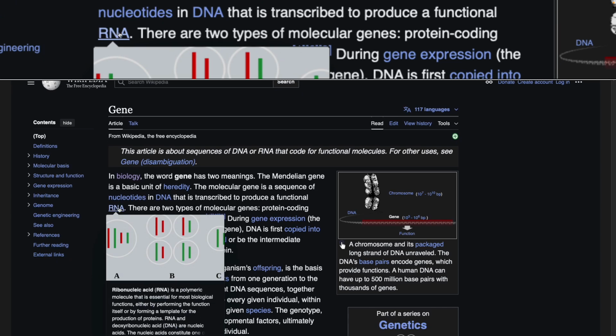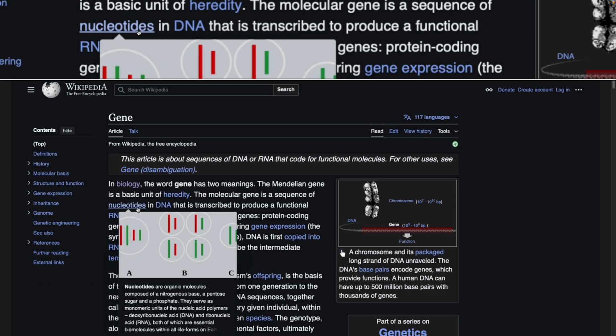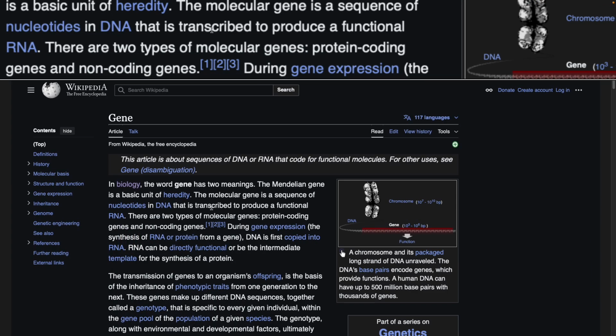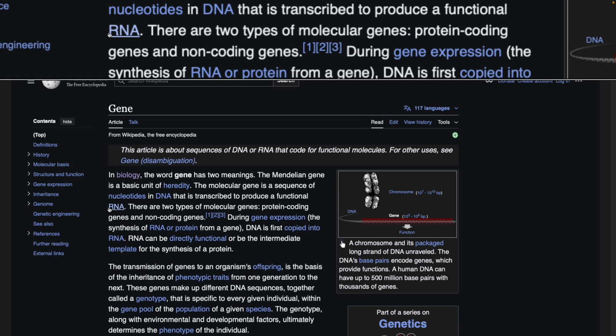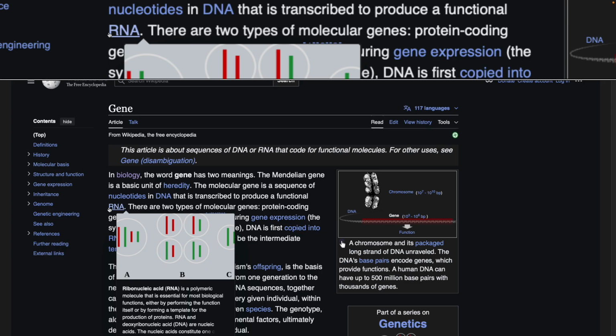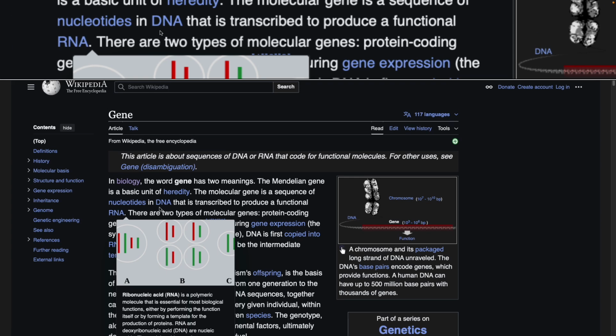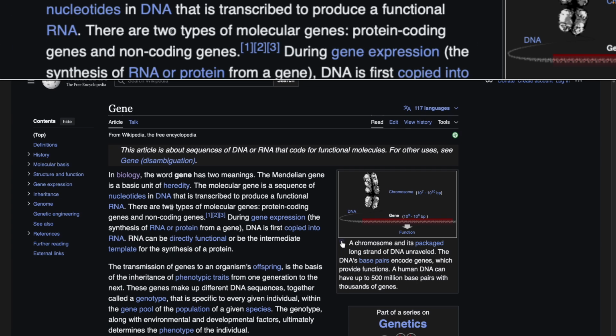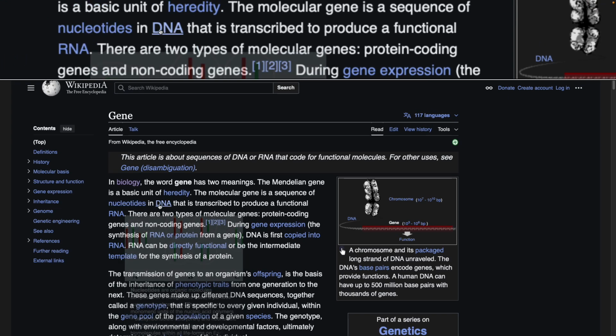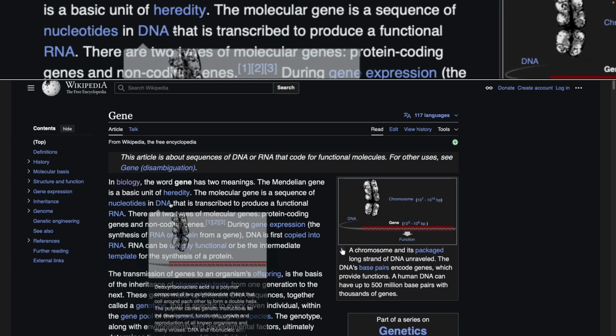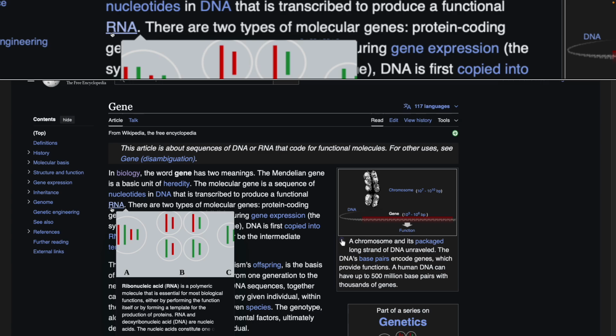So we have a sequence of nucleotides in DNA that is transcribed to produce a functional RNA. We'll hopefully get into those. So what is a nucleotide? What is a DNA? Why is the RNA functional?